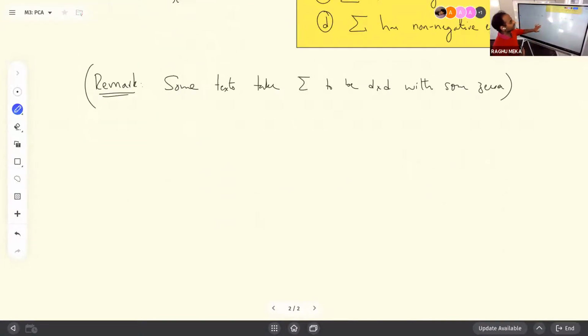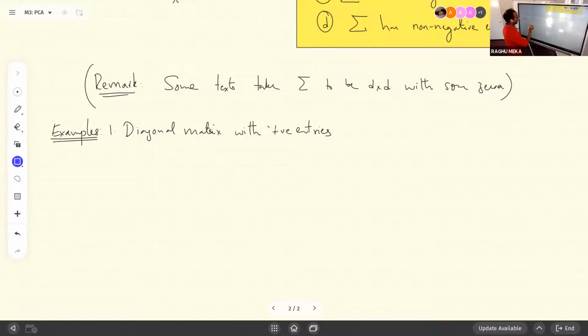Let's do some examples to get a sense of this definition. So let's say I have a diagonal matrix with positive entries.